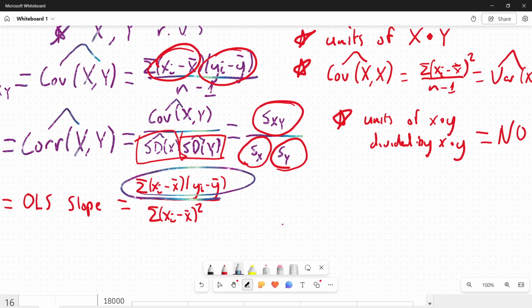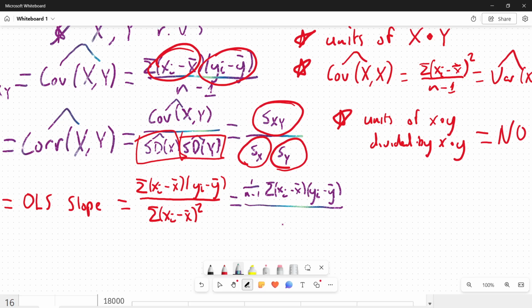So I'm going to go ahead and rewrite it just very slightly and say this is equal to 1 over n minus 1, the sum of all the xi minus x bar, yi minus y bar. If I do it like that, this is covariance. Of course, dividing the numerator by 1 over n minus 1 means that I'm going to need to divide the denominator by 1 over n minus 1.